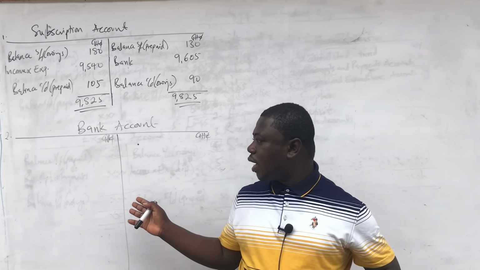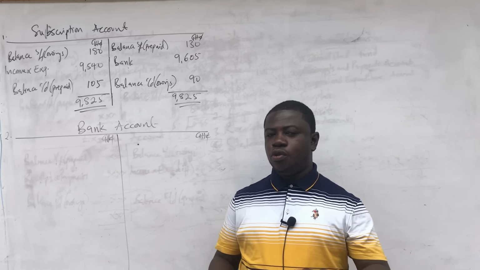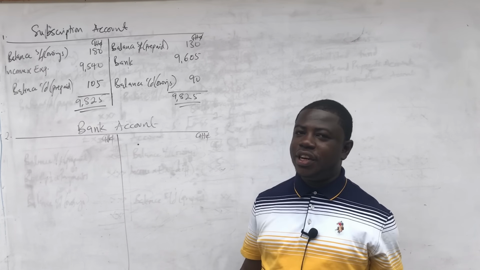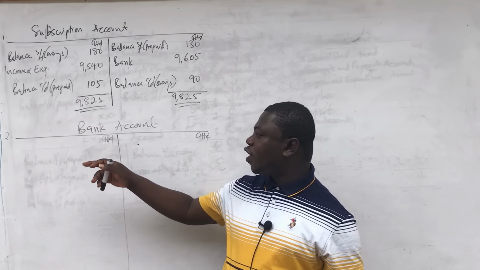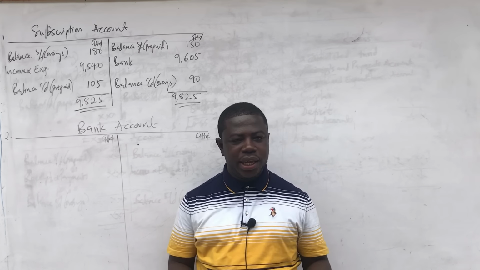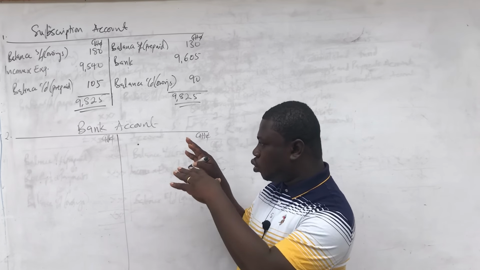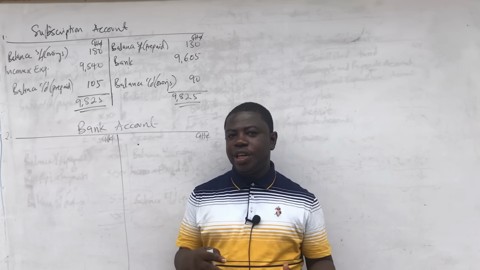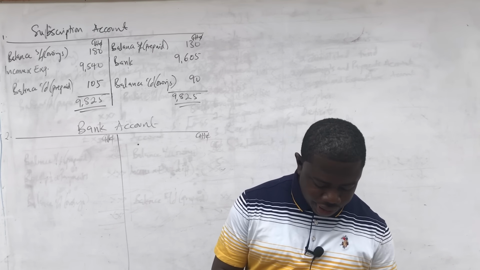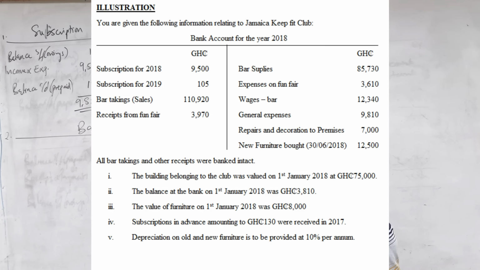Now, with a bank account, all that I'm going to do is just recopy all that I have in the question, as simple as that. But I'll factor in the opening balance that they didn't put there, and then I'll just balance it off. So there is nothing new I am going to add. We are just going to copy what they have given us already so that we can balance it. That is the meaning of preparing the bank account.